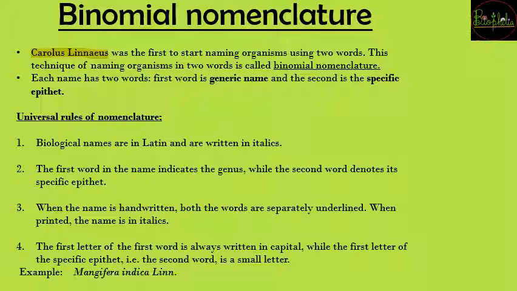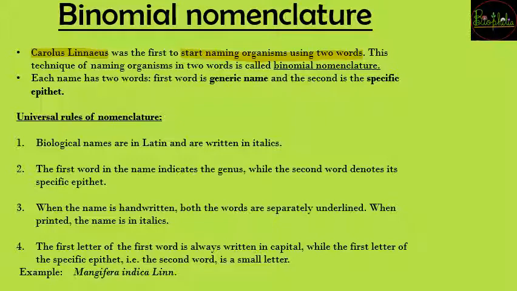That is, Carolus Linnaeus was the person who started giving names to organisms using two words. अब दो वर्ड्स, जैसे वो हर ऑर्गेनिज्म को दो वर्ड्स से नाम दे रहा था, and because of that reason even he changed his name from a 3-word to a 2-word name, that is Carolus Linnaeus. So that was a little story behind his name converting to Carolus Linnaeus.